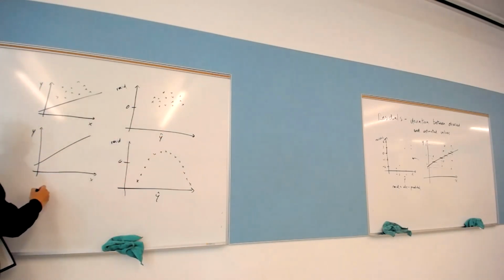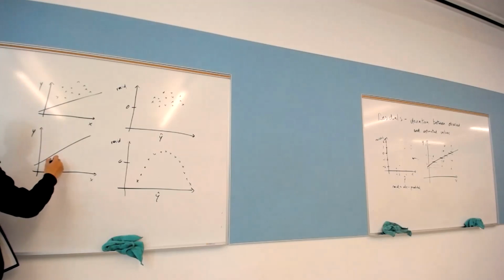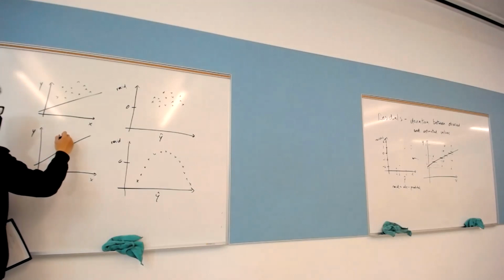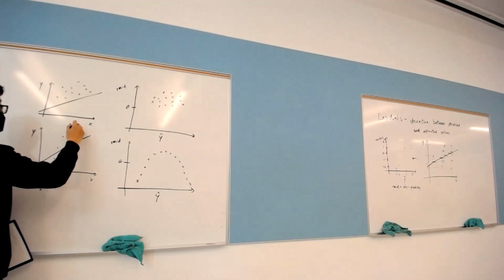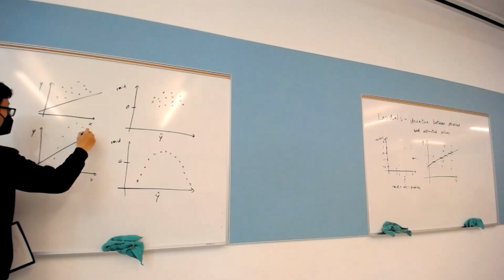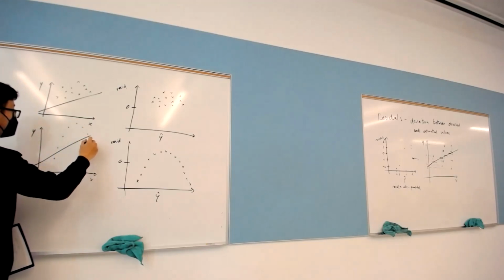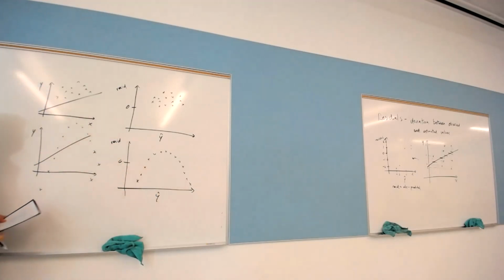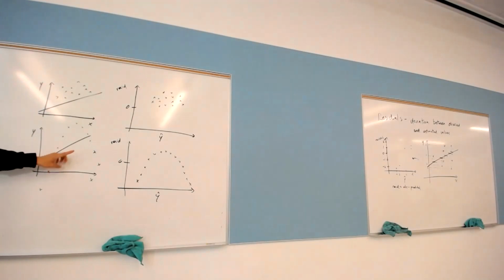So maybe that looks something like this: big negative, slightly less negative, close to 0, small positive, getting bigger positive, right? And then eventually maybe coming back and then getting big negative again here. So that might look something like this. Okay, so does that look like a good fit to you? Probably not, right?